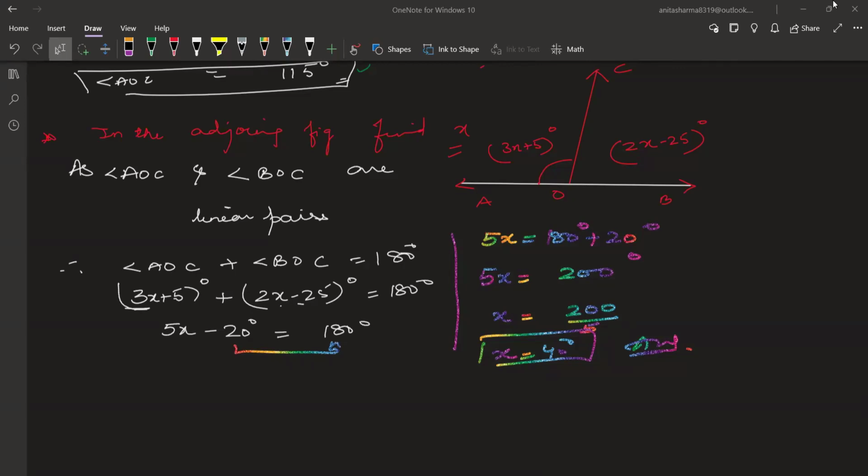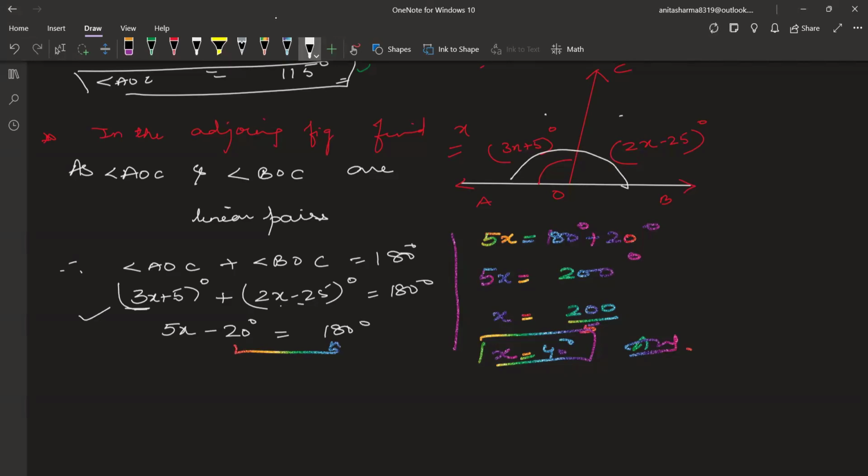Yes, beta. See, beta, here we have two angles, angle AOB and angle BOC, okay? These two are adjacent angles and they are lying on the same straight line. Now see, one important result we have discussed just now: when the angles are drawn on the same side of a straight line, their sum should be equal to 180.